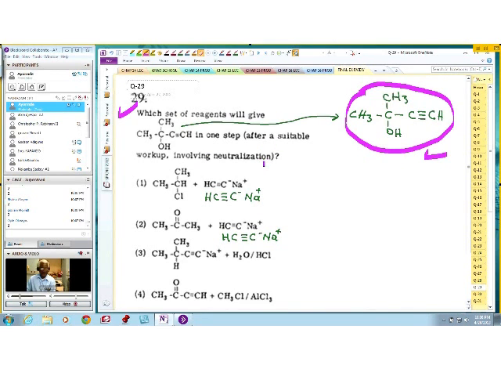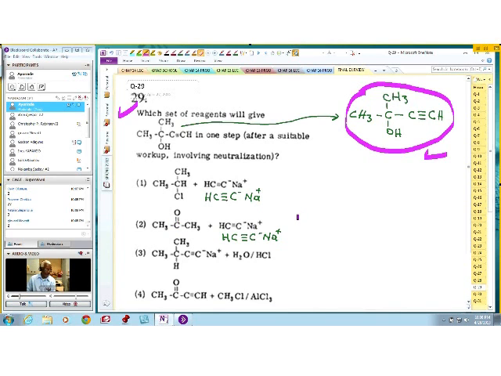So what is the answer here? What do we have here? This is what we need to form. We have the acetyl anion reacting with the ketone. So what would be the answer?